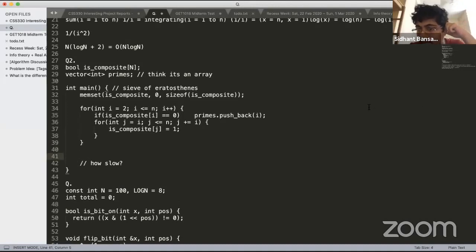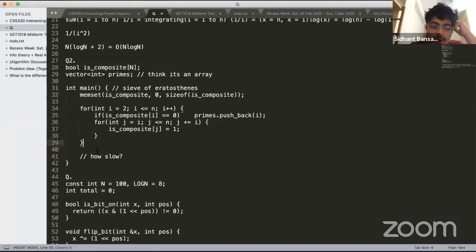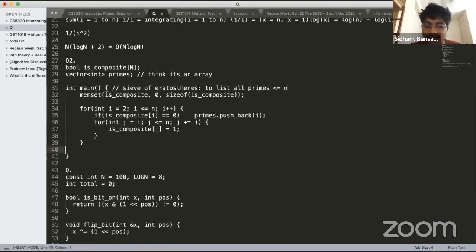Someone mentioned memset: it's a function for a character array, so it comes under the string header as far as I know. In this code, the purpose is to list all primes less than or equal to n. And how slow is this algorithm? That's the question.